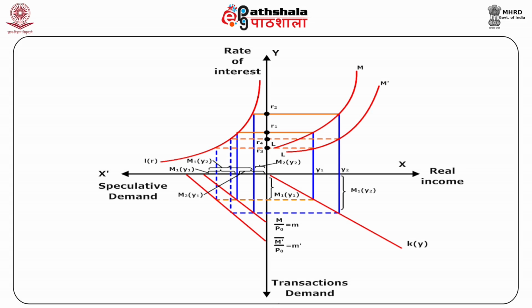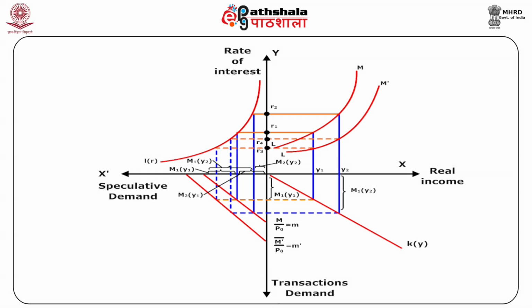Under equilibrium, this should be equal to small m, which is the demand for real cash balances. So, if we consider the downward sloping triangular line in the third quadrant, this is a line which tells us about equilibrium in the money market or the asset market.